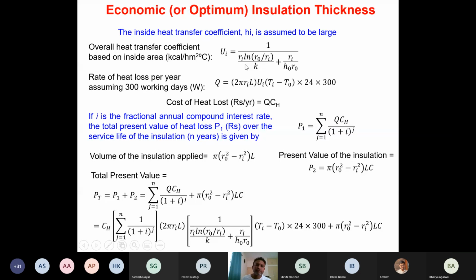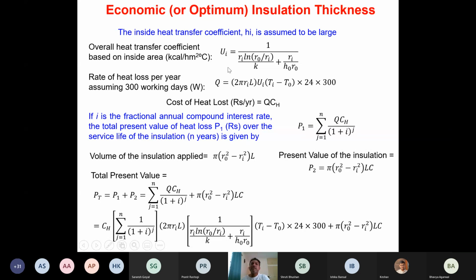So UI is nothing but the overall heat transfer coefficient based on the inside area, given as 1 upon Ri ln R naught by Ri by K plus Ri by H naught R naught.